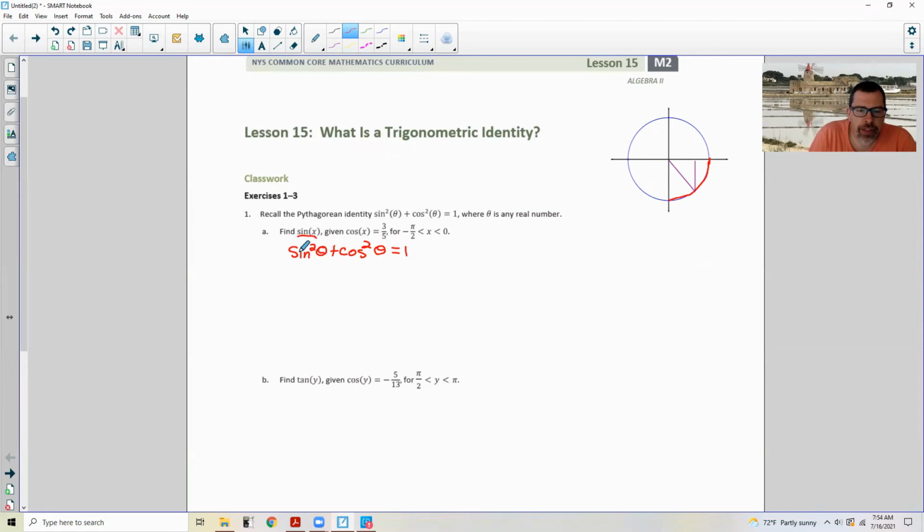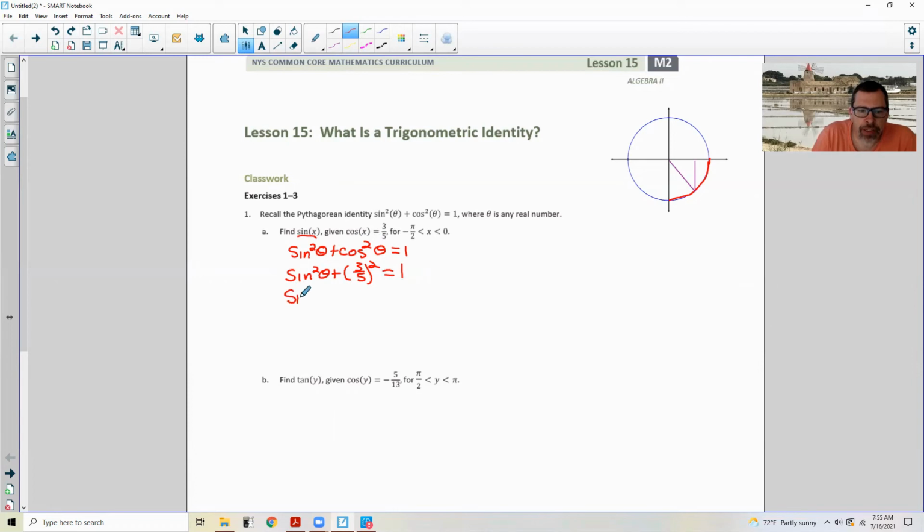We're given that the cosine of x is 3/5. So we're just going to substitute this in for theta. Our x is theta. So if the cosine of x is 3/5, then the cosine of theta is 3/5 squared. So that would simplify to sine squared theta plus 3/5 squared equals 1.